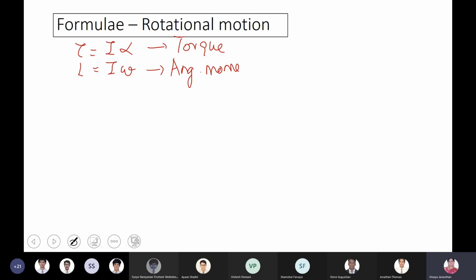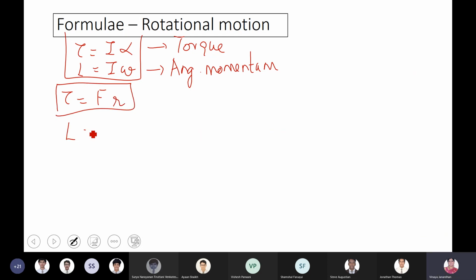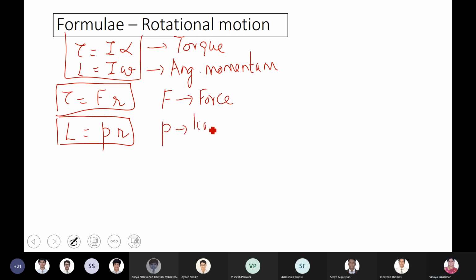So once you know the formula, torque can be written as force into distance. L is equal to linear momentum. P is your linear momentum. F is the force, that is M into A. P is linear momentum, that is M into V.